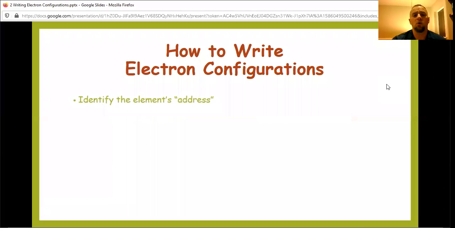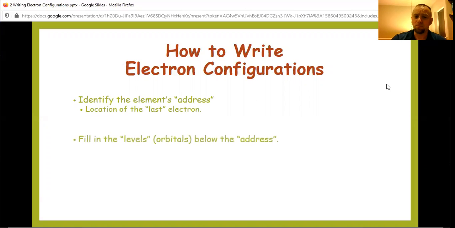So as we're writing this out, we first want to determine what that element's address is. We kind of think of the address as that endpoint, where that last outermost electron is going to be located. So we'll call that the address, but we need to figure out how we get there. Again, that's the location of the last electron for that element.